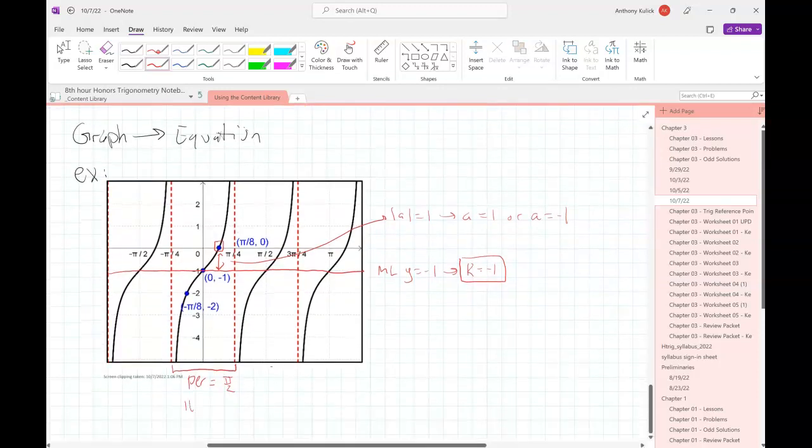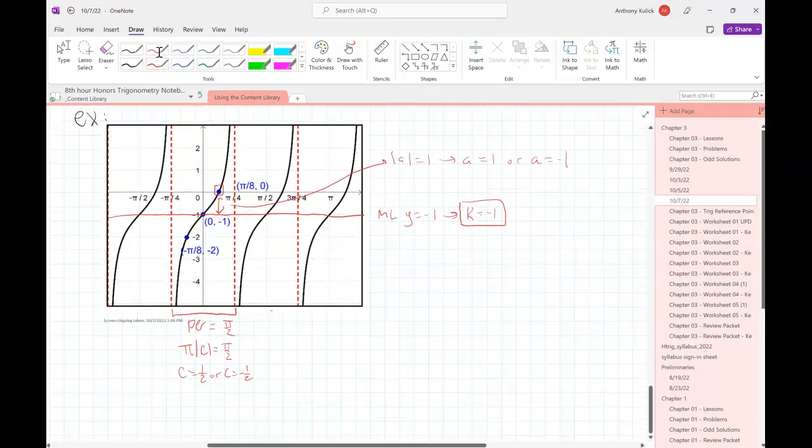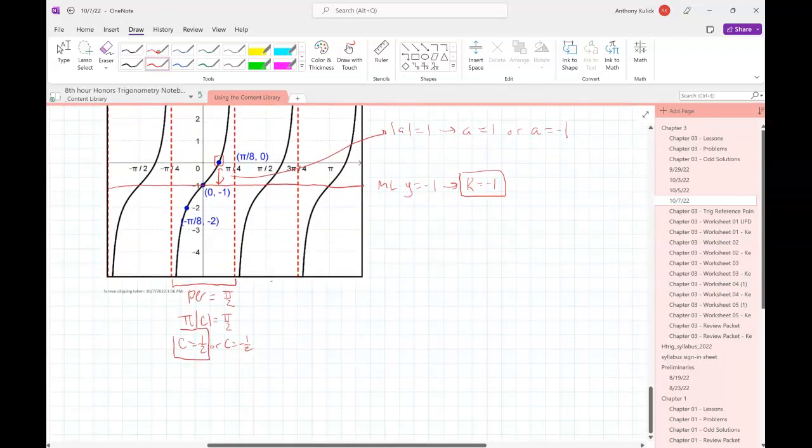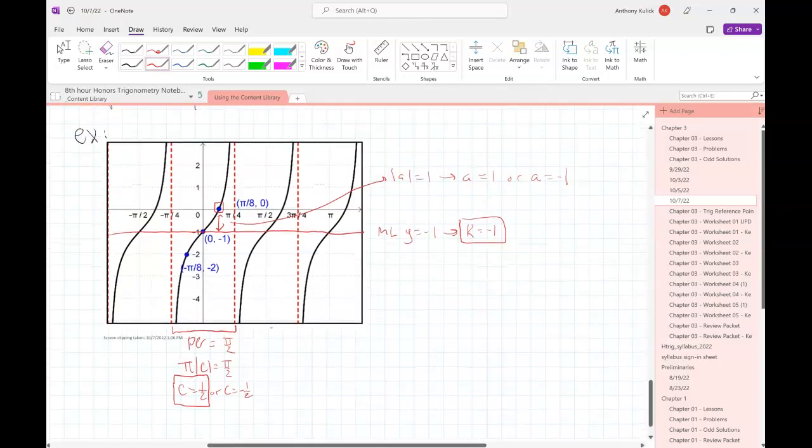But remember, the period for tangent is pi times c. So c in this case should be 1/2 or -1/2. But we always like to just choose c to be positive. So far, so good? All right.